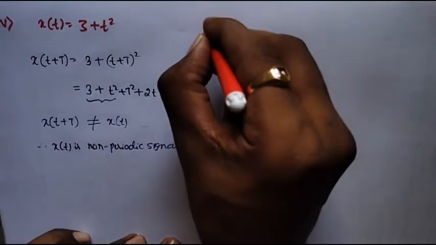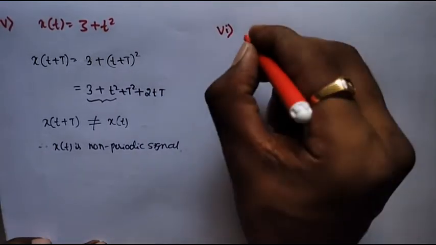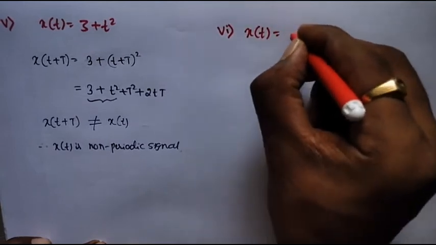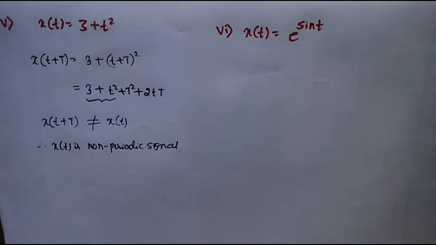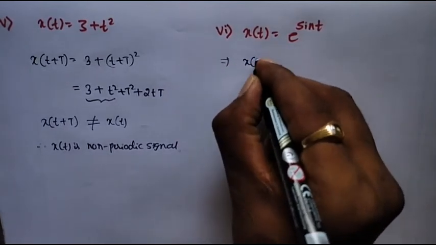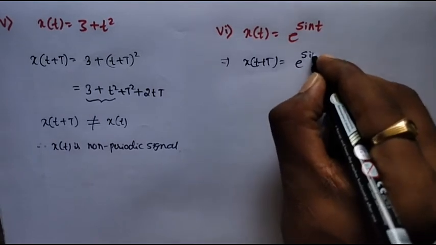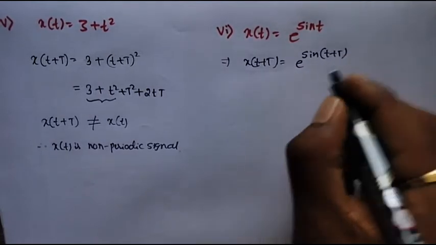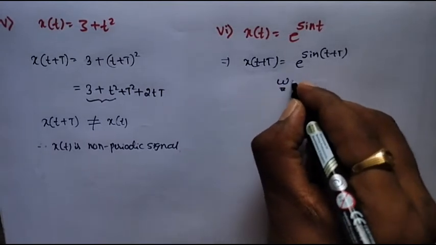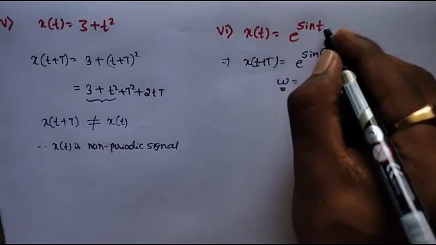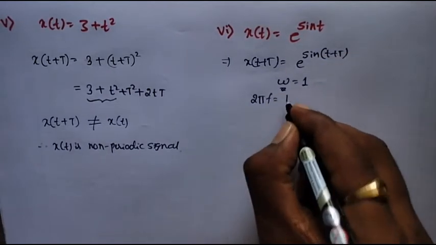Now we'll consider another example. x of t is equal to e power sin t. Now let's calculate x of t plus T, which is equal to e power sin t plus T. Here, sin omega t, omega is equal to 1. Therefore 2 pi f equal to 1.